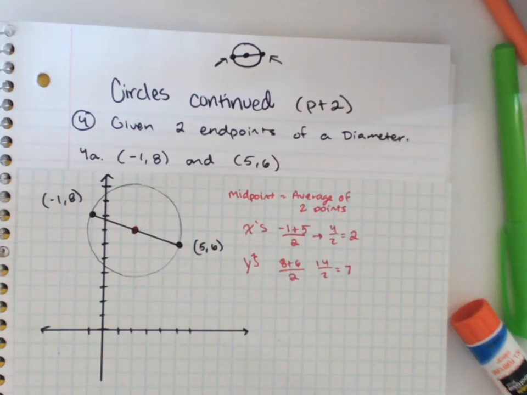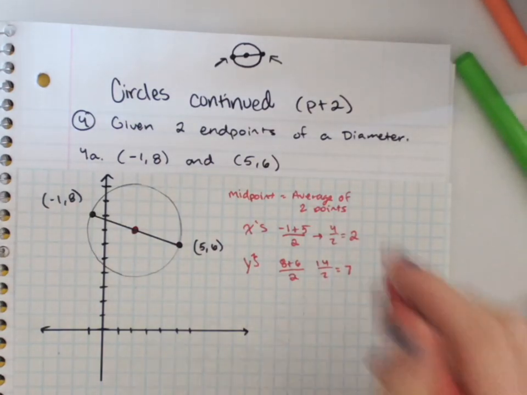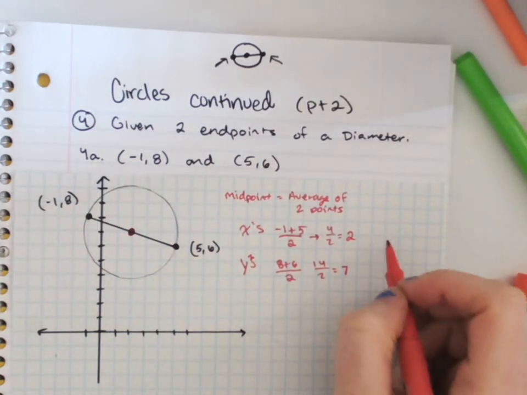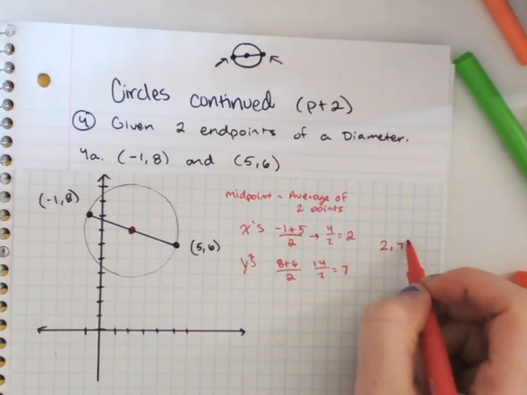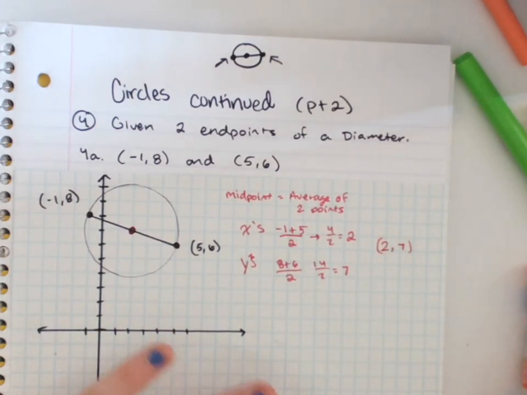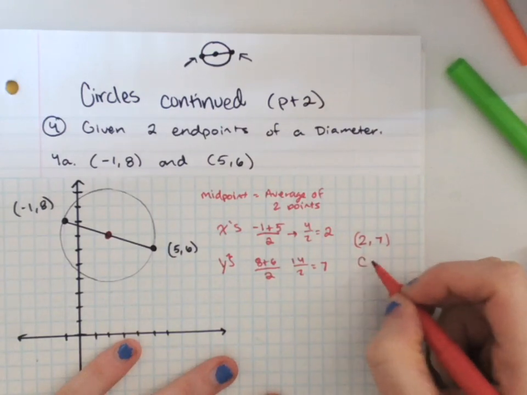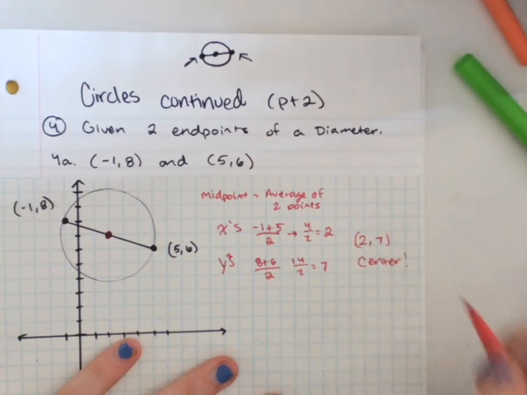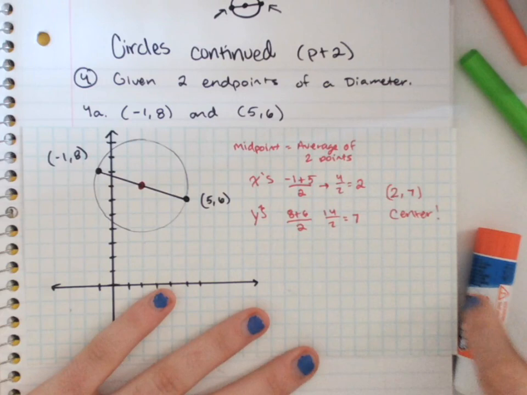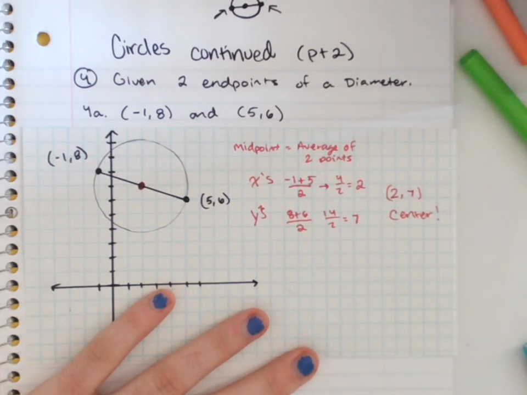So I have found my midpoint, 2, 7, which another word for that would be the center of our circle. Alright, so we found one of the two things we need to write the equation of this circle.